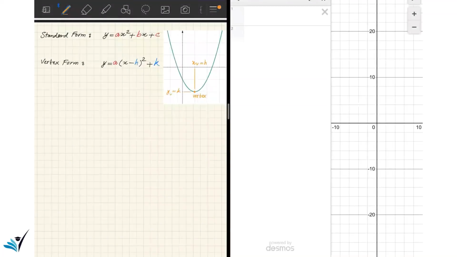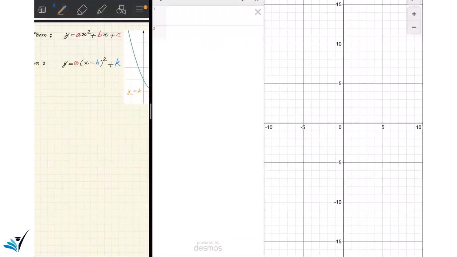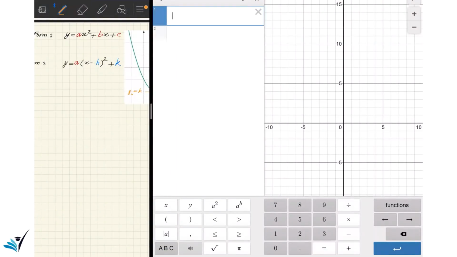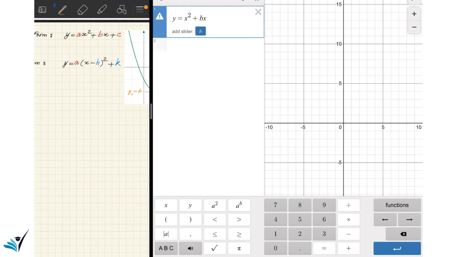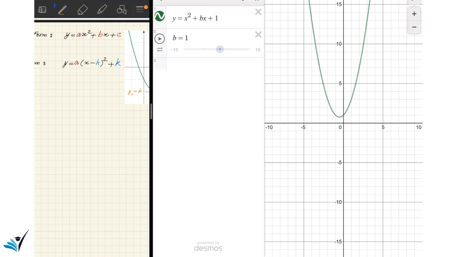To explore the effect of the constant b on the shape of the parabola, I'm going to use an example here in Desmos. The example is y is equal to x squared plus b times x plus 1. And I have an option to add a slider for b, considering b as a variable. Let's go ahead and do that.